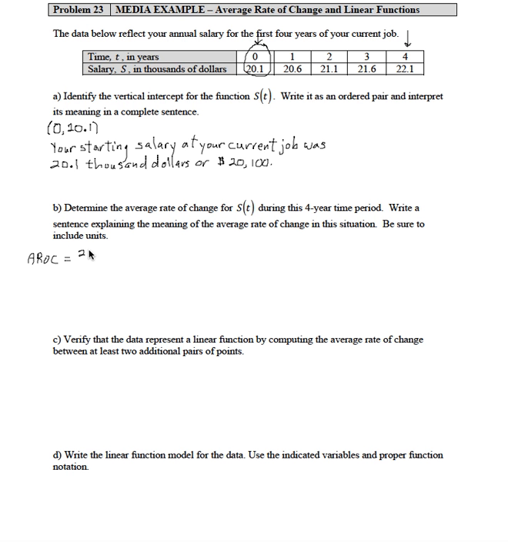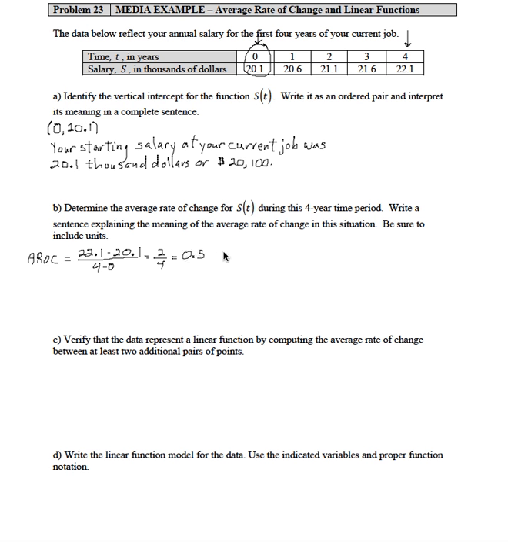So difference in outputs, 22.1 minus 20.1, divided by difference in inputs, 4 minus 0. This gives us 2 over 4, and I'm going to go ahead and write that as 0.5.